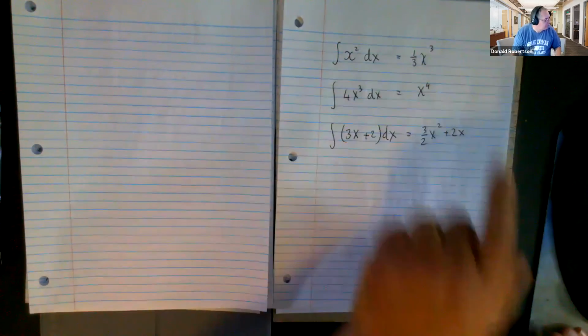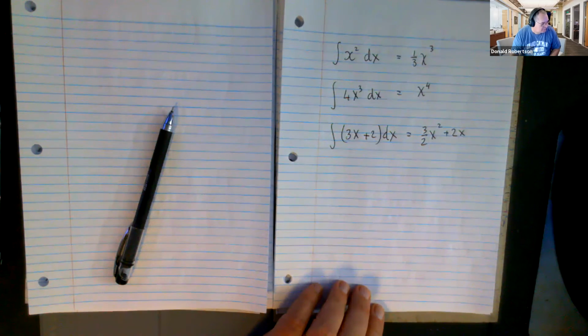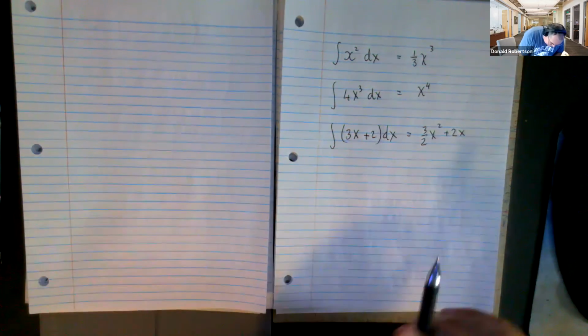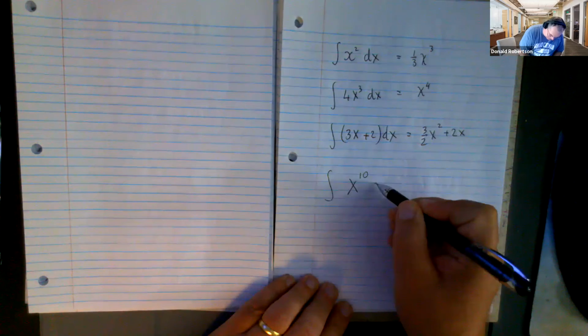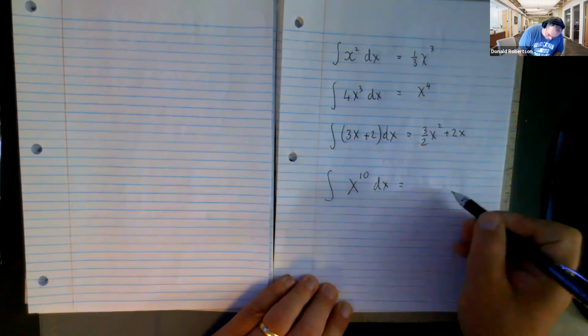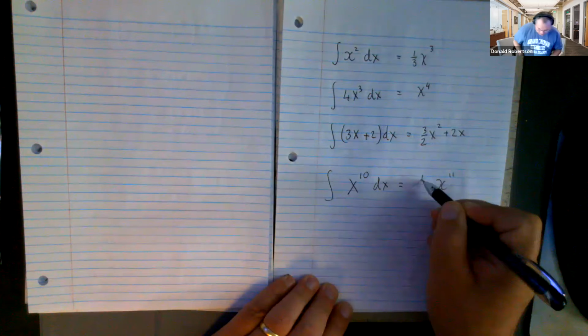How do you get from here to here? What's the rule? Suppose it was x to the 10. The answer is x to the 11 and a 1/11th stuck at the front.